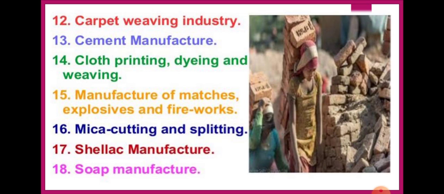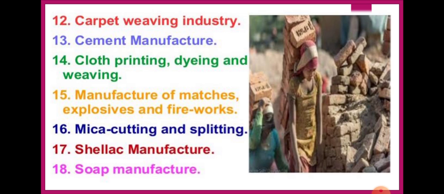After that, one more act came in the year 2006, the Child Labor Prevention Act. This act was in continuation of the act enacted in 1986. It was an amendment.